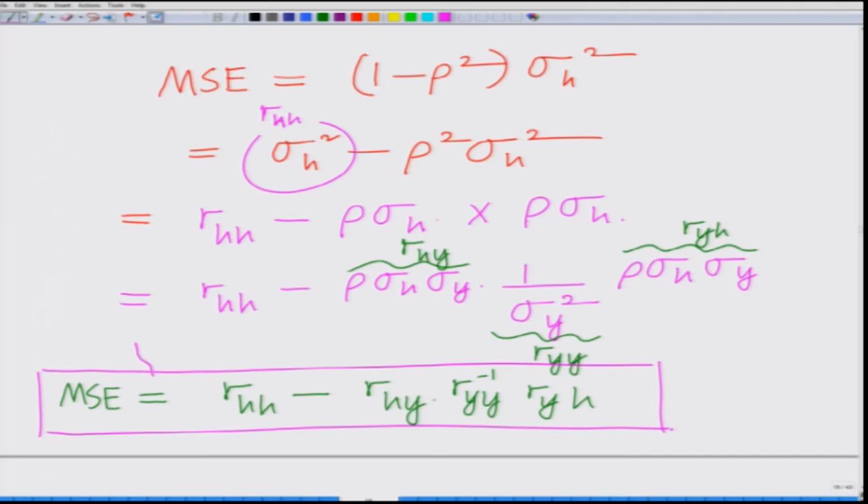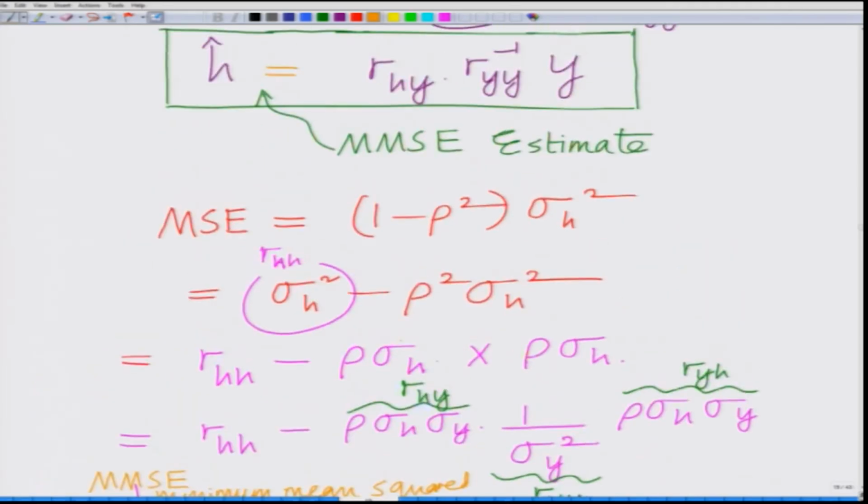This is not just the MMSE, but for this particular scenario, this is the actual minimum mean squared error. So, we have found two things.